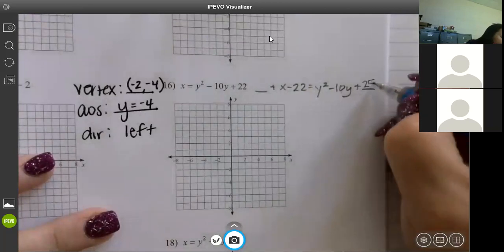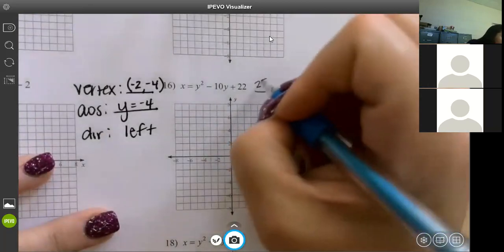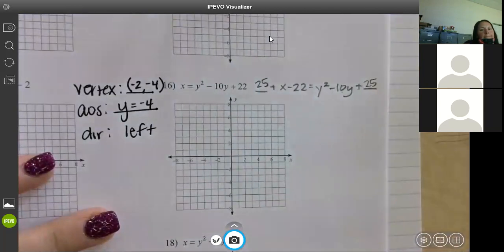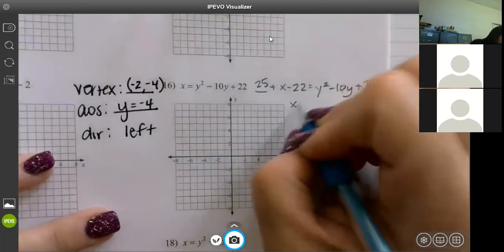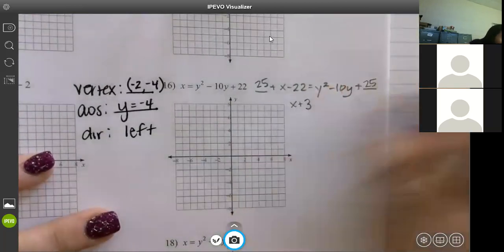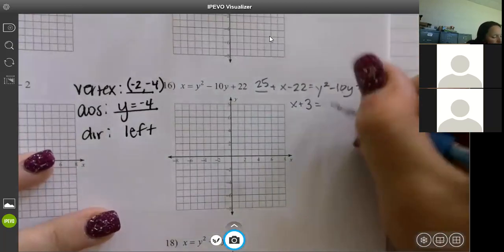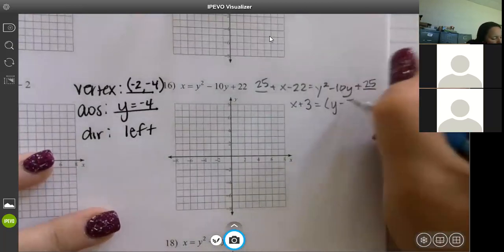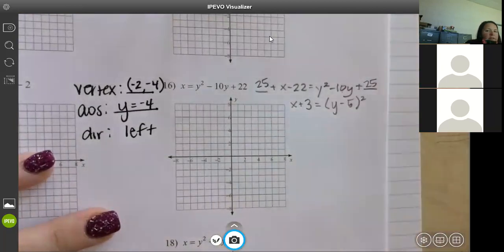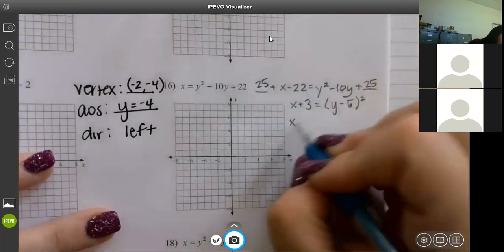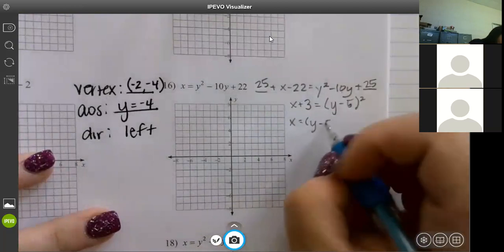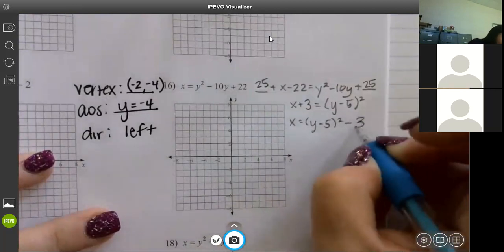Squared is 25. -25 minus 22 is 3. What's the other side going to be when I rewrite it? Y -5 squared. Perfect. And then the last step is to move that 3 over. So y minus 5 squared, move the 3.